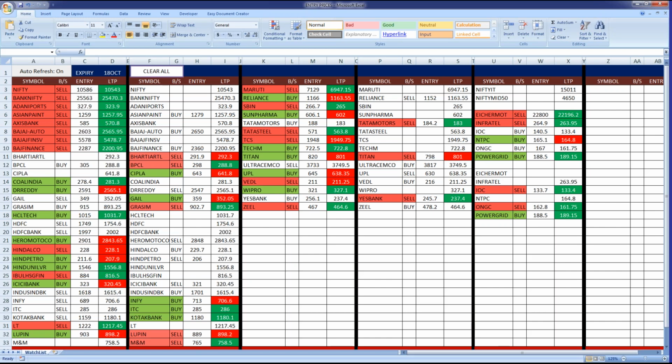Other than that, you have the bullish scripts, the bearish scripts, and the possibly bullish and possibly bearish scripts. You'll get all this data before the market opens. So as soon as you have a glance at all these things, open the Excel application and your Nest Trader, and then start trading. It's as simple as that.